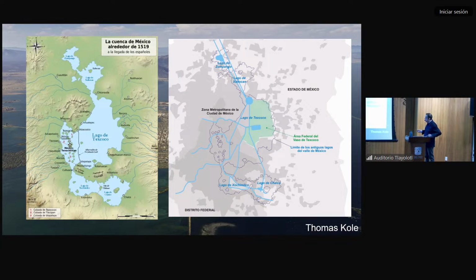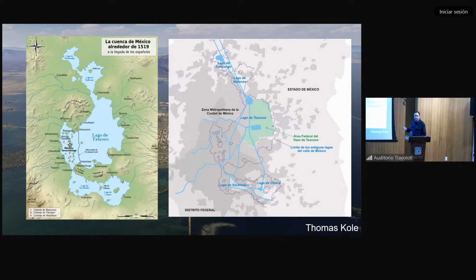So we don't have the lake system anymore. But just to have a mental picture, 100 years ago, there were still boats that went from Xochimilco to the Zócalo, for example. So the main drainage of these lakes was about 100 years ago and 50 years ago.